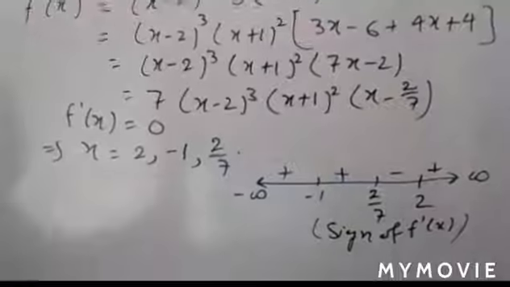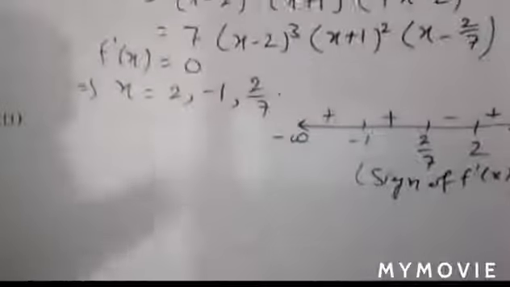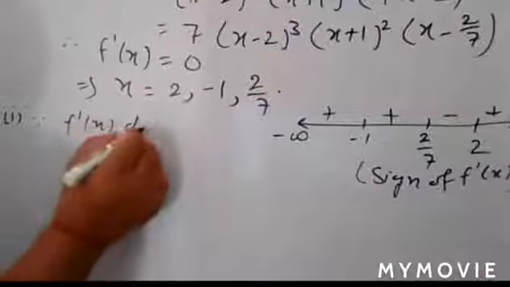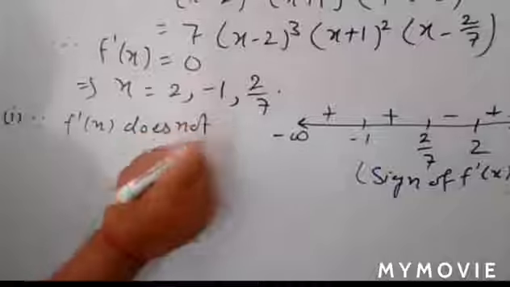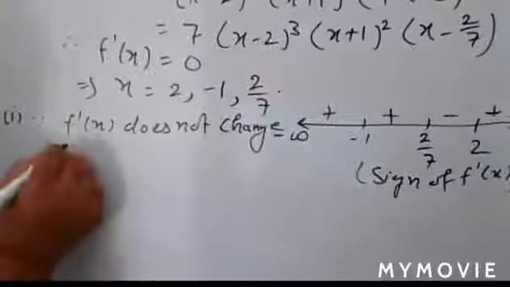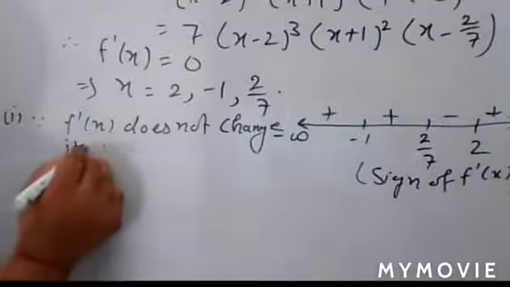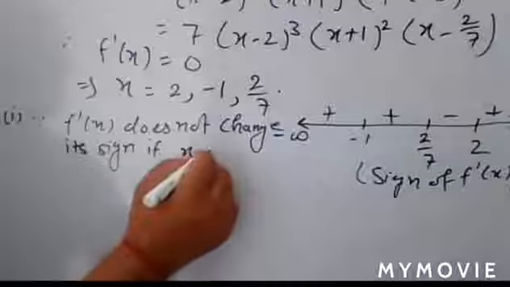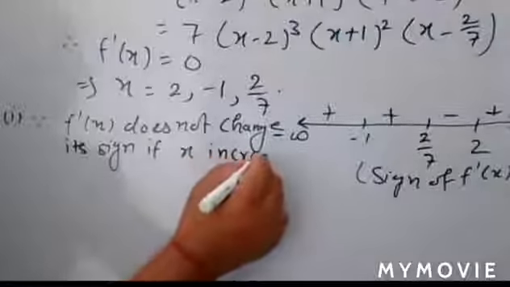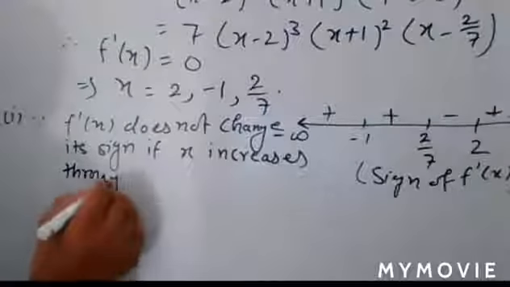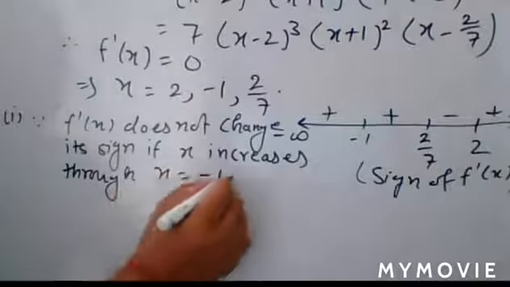Yeah, right. You have to write for the first part: since f dash x does not change its sign, if x increases, f in x increases through x is equal to -1.